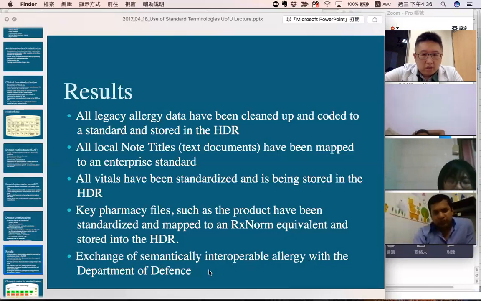I think they already transformed all the allergy data into standard terminology, so they can easily share with the Department of Defense.